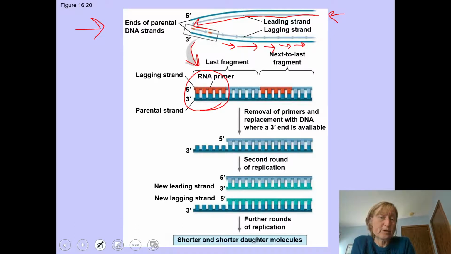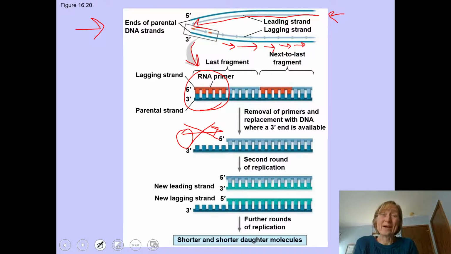The DNA polymerase can remove it, but remember, DNA polymerase is kind of quirky. It can only build DNA when there's something to add on to. And so here, DNA polymerase is like, I don't see anything to add on to. I can't build anything here because there's nothing for me to attach my nucleotides to.